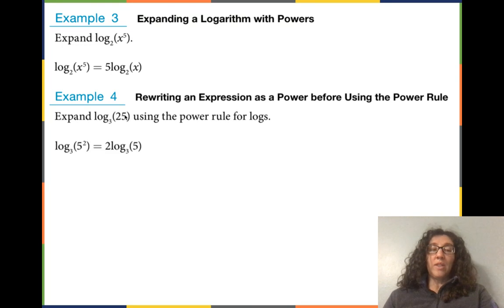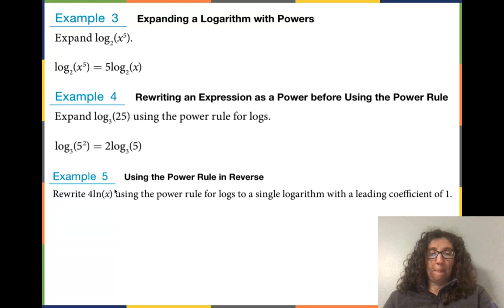We could think of this as 5 squared and use the power rule. Either way is fine. Okay, now we could do this the other way. If we have a coefficient in front of a log, for natural log of x, and we want to have a leading coefficient of 1, well, we can move this coefficient to be an exponent of the thing we're taking the log of.